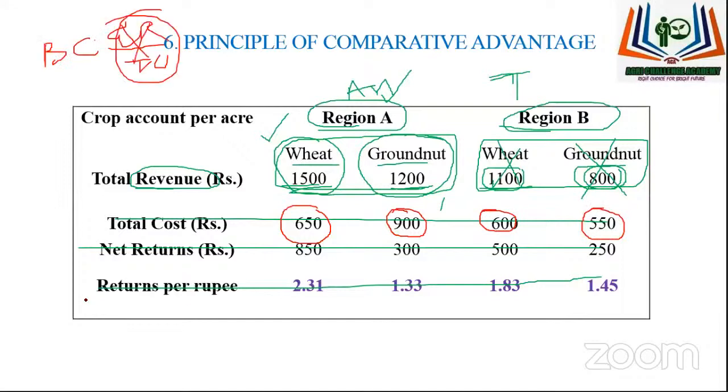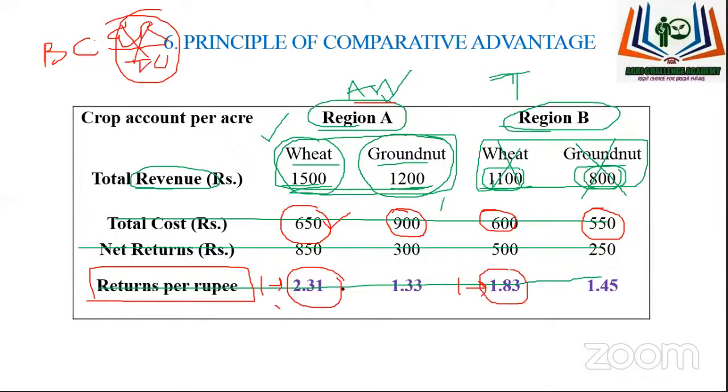In Andhra state, 1 rupee gives 2.31. In Tamil Nadu, 1 rupee investment gives 8.13. So comparatively, Andhra state has the advantage.